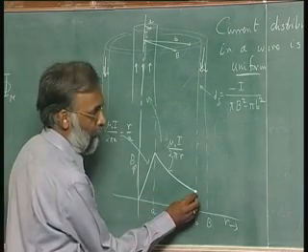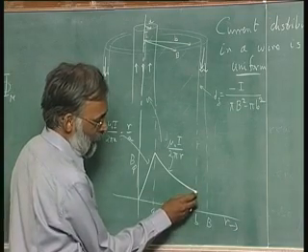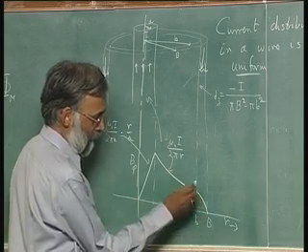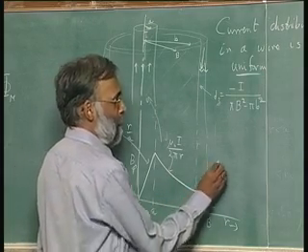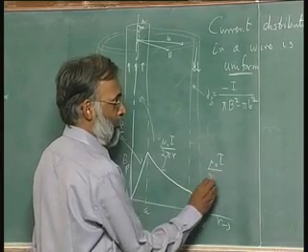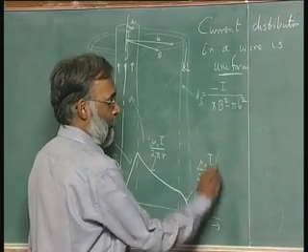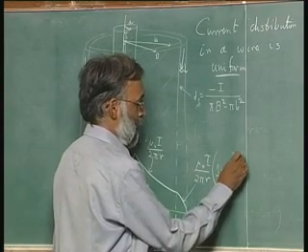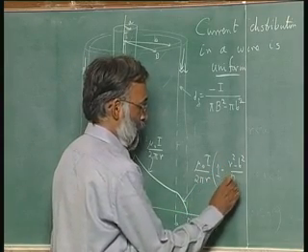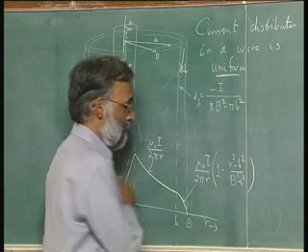And if I am not sure I can draw it properly, I think it is like this. This is mu naught I over 2 pi r times 1 minus r squared minus b squared over capital B squared minus small b squared.